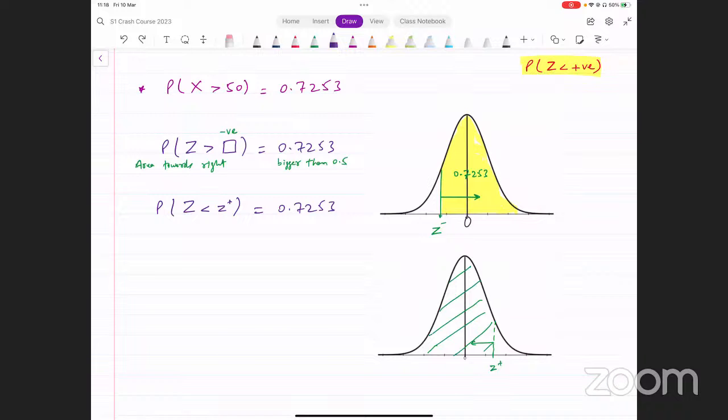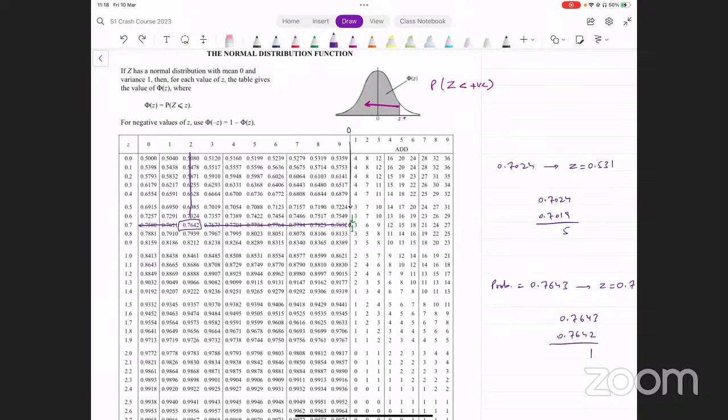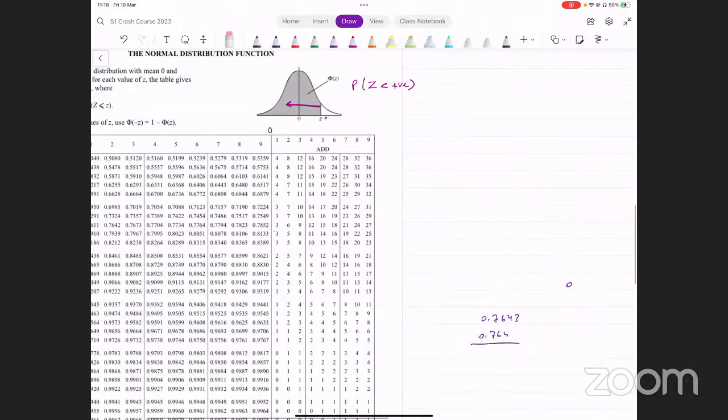We can use the table to find this positive value of z. Let's use the table and find this value, 0.7253. Remember, table does not have negative values of z. So that's why we have to convert it to that form. Now, the probability that we were given there was, let's check that again.